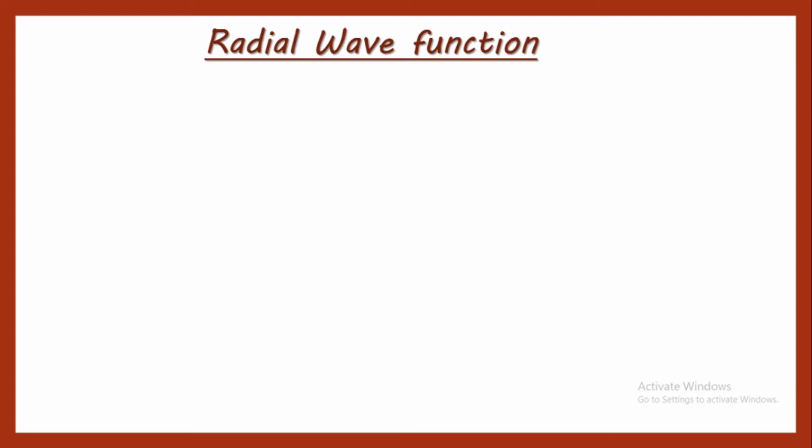So let's start. In our previous class, we found the energy eigenvalue, which was E equals minus mu Z squared divided by 2 h cross squared n squared into e squared by 4 pi epsilon naught whole squared.